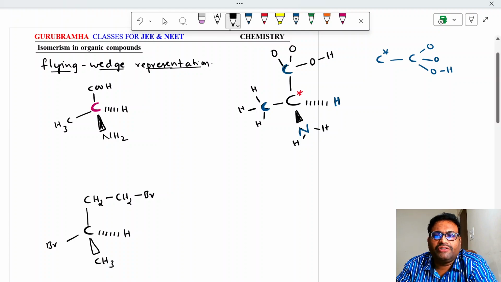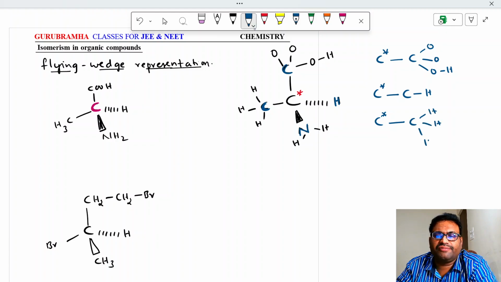Okay. So let us try to understand it very clearly. See, this is the chiral carbon, with directly attached carbon atom. This group we have taken, the COOH group. Next, chiral carbon CH, chiral carbon CH3, chiral carbon NH2.